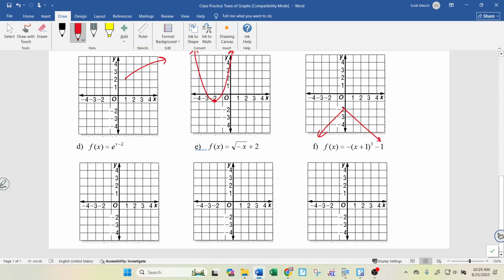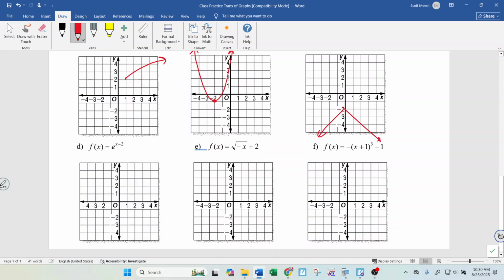Negative 2 inside moves it to the left or right. Here's one way, it's a little bit different. Think of it this way. Here's how I think about it. What would make the inside 0? 2, right? So that tells you it's going to go to 2, which would be to the right. So this is going to go 2 right.